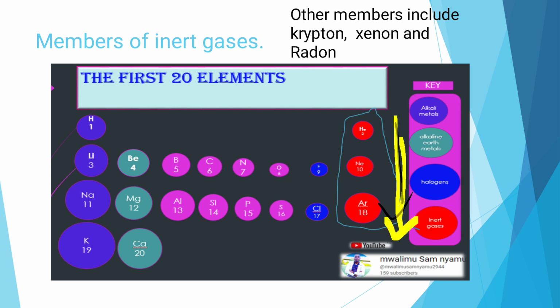While helium has only 1 occupied energy level, neon has 2 occupied energy levels, and argon has a total of 3 occupied energy levels. And as a result, the size of argon is much bigger compared to the other 2 counterparts.